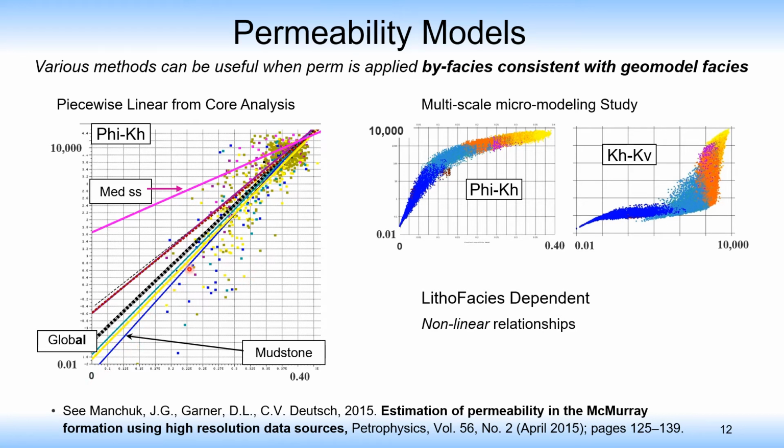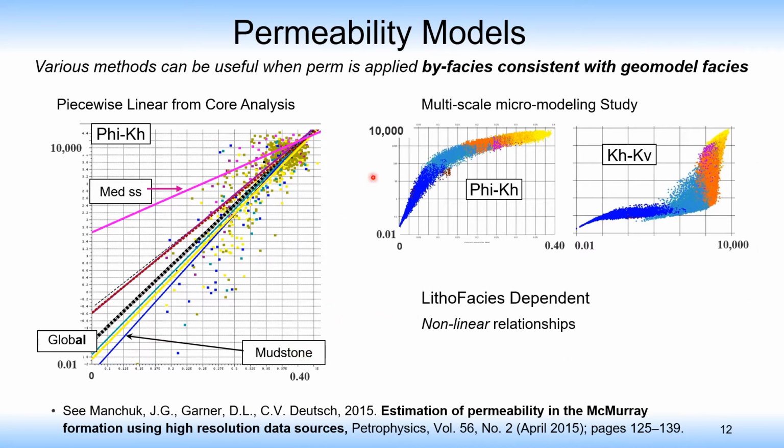Illustrated here is the linear function, say for mudstone, is steep for low porosity, and for the best reservoir sand, it's flatter for those high porosities. So piecewise, it gives us this nonlinear shape. This is an adequate model, can get you a long way.